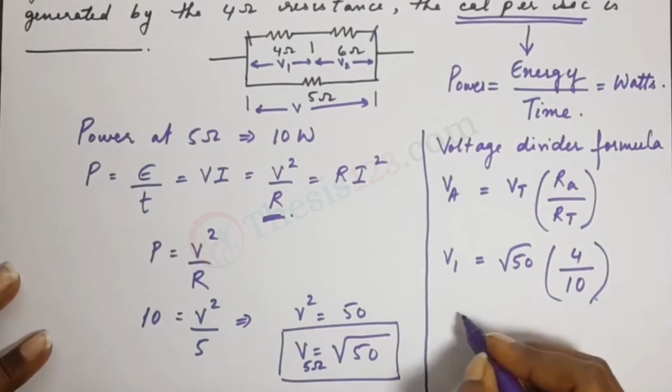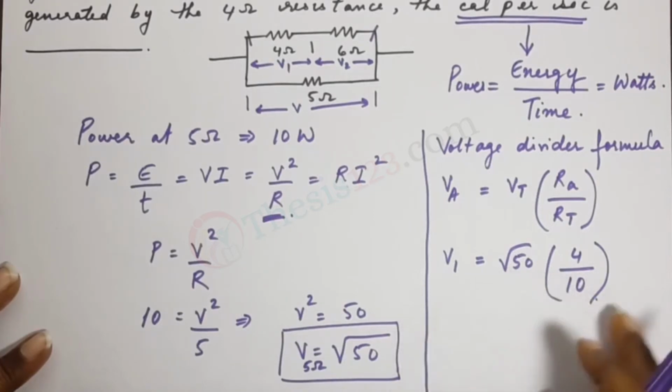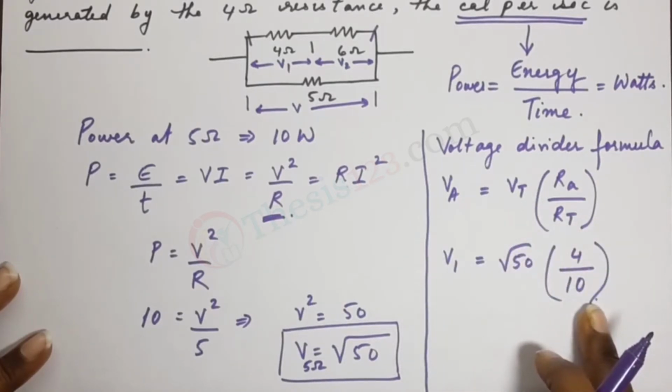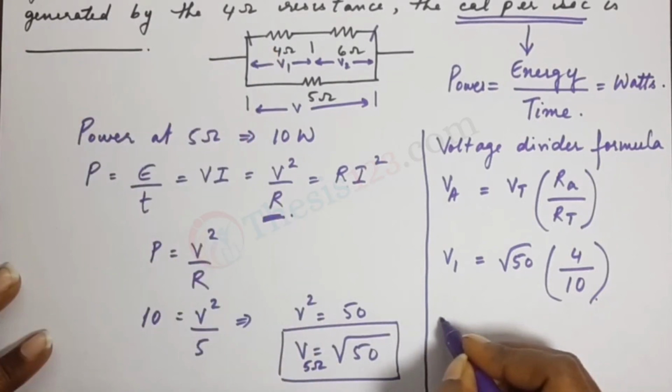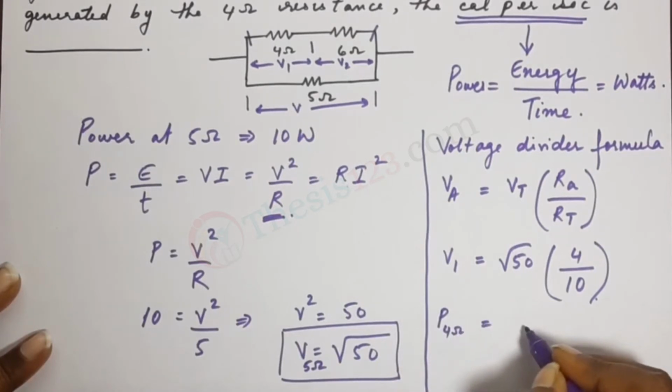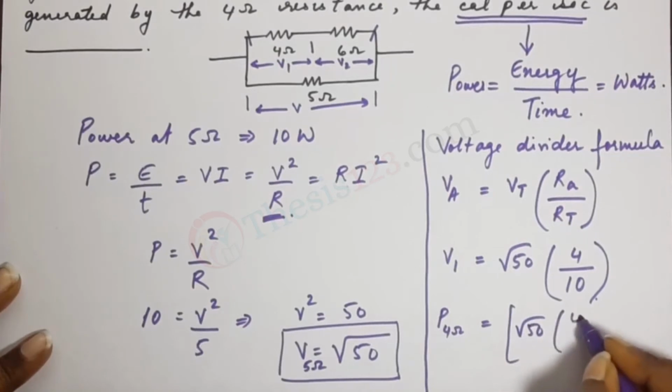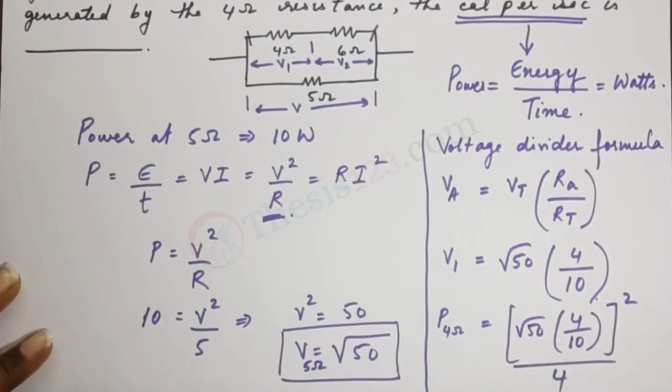Okay, so let me use the same value here and apply it directly to the power, since we need to find the power. So power across the 4 ohm resistor can be written as root 50 times 4 by 10 whole square divided by 4.